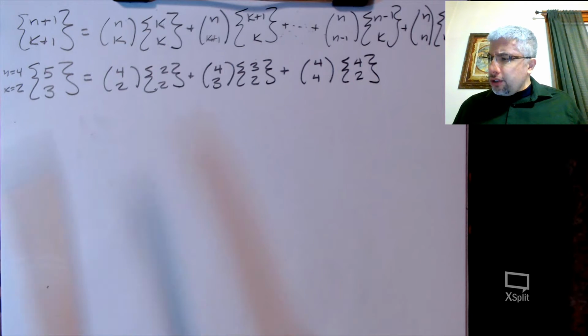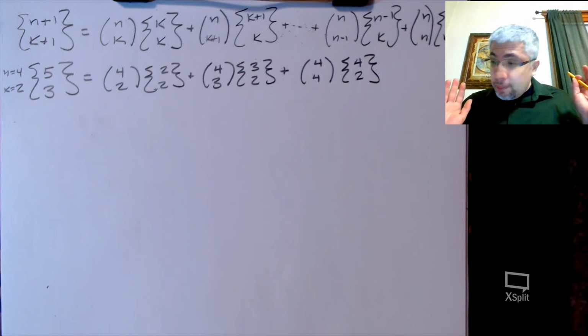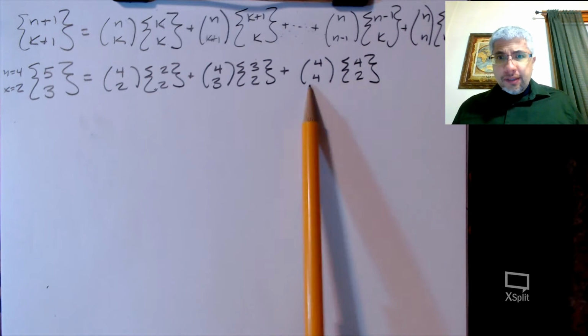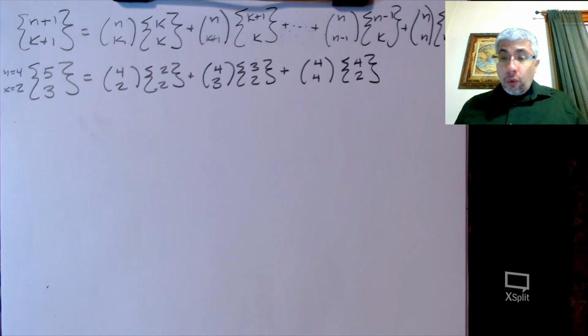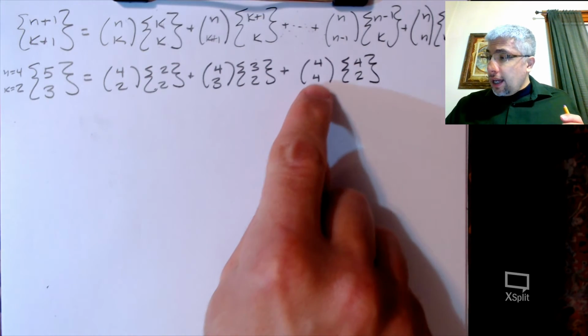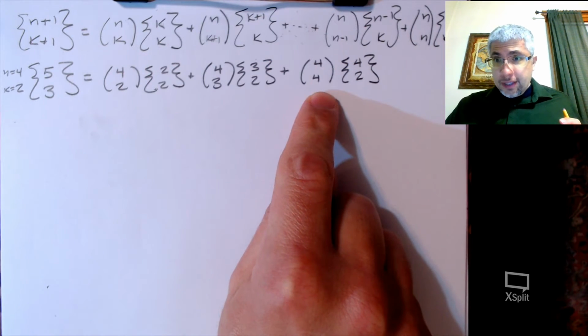Okay, and I don't know which of these terms is easier. It might depend on the way you're looking at it. But let's try to look at this case. We could say, okay, I want to put the 5 somewhere, and this is maybe trying to tell me where things go. Well, here I'm choosing 4 elements out of 4.